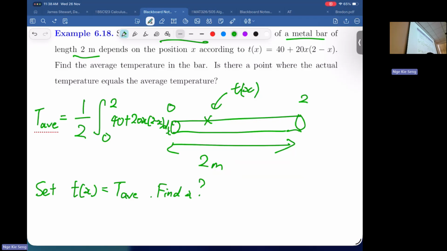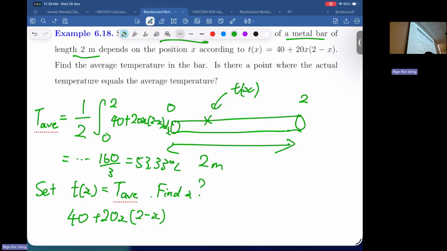Interesting part happening here. Maybe I tell you the answer. So T average is something around 160 divided by 3. But what's the degree of this? Maybe 53.333, I guess. So the question is, can you solve 40 plus 20x times (2 minus x) equals 53.33? Can you solve this or not?